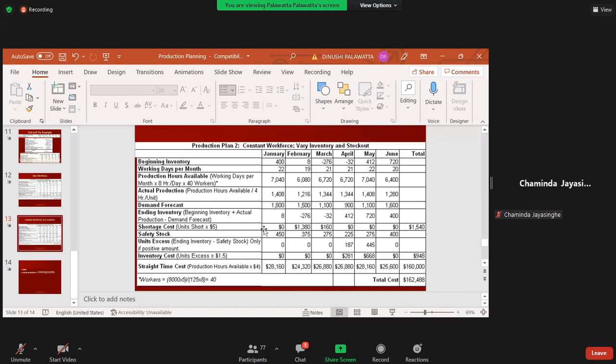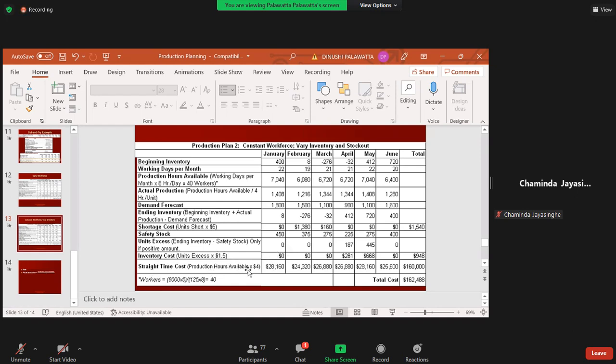Safety stock is 450. Excess units is ending inventory minus safety stock, only if positive. Ending inventory is 8 minus safety stock, you get a negative number. Therefore, you don't have excess units, and you don't have inventory cost because there are no excess units.